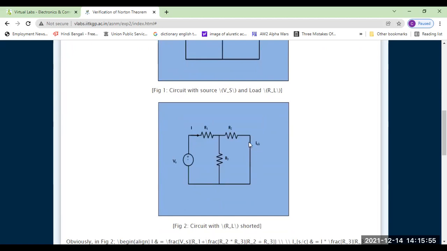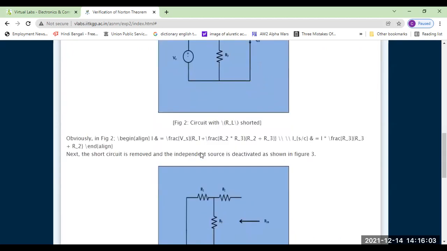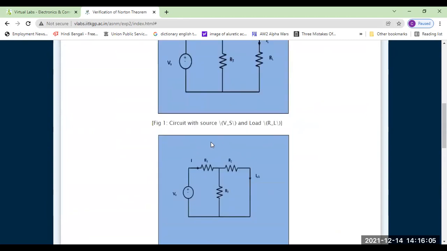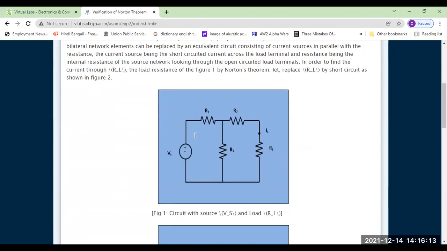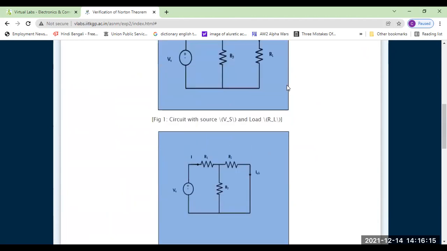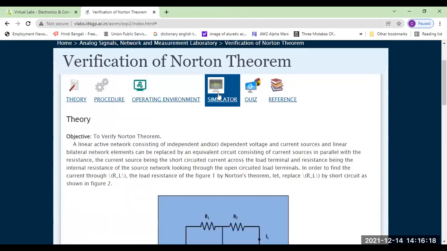The load terminal will be shorted, and then we have to measure the current, which is called the short circuit terminal current. Then we can again connect this load resistance and find the current flowing through it. So this is the end of the statement of Norton theorem.